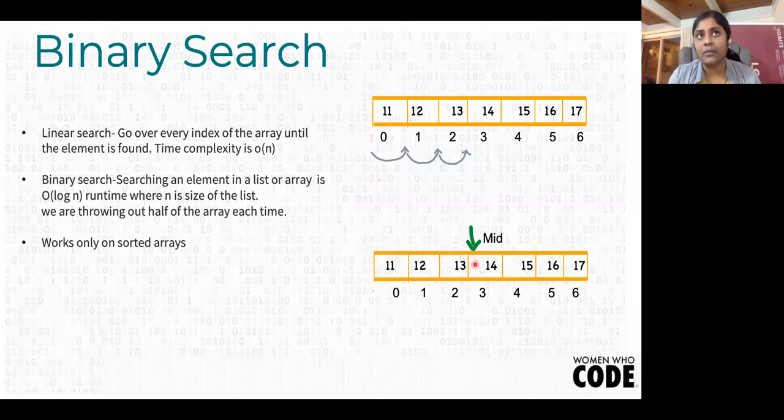You find the middle element, compare that middle element with the target element you have, and decide where to search in the array, either in the right half or the left half of the array.